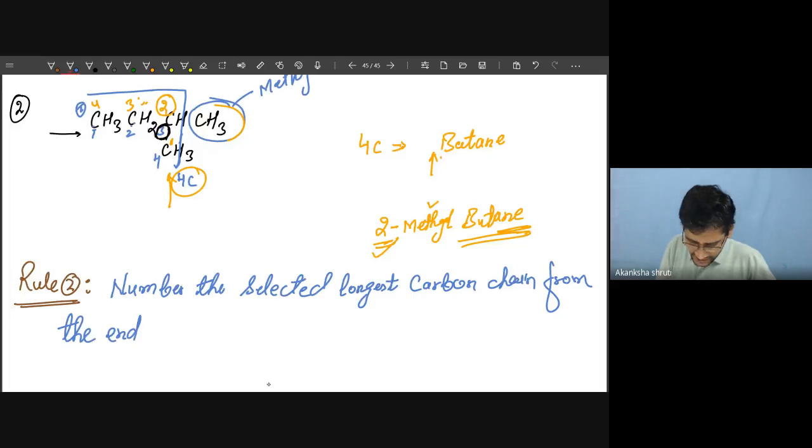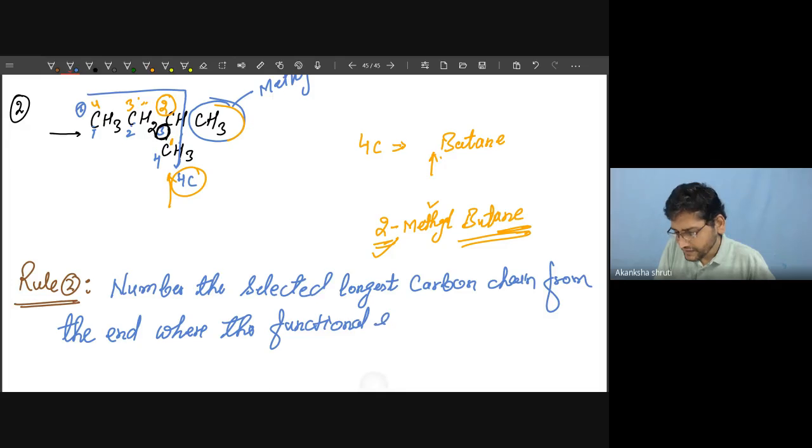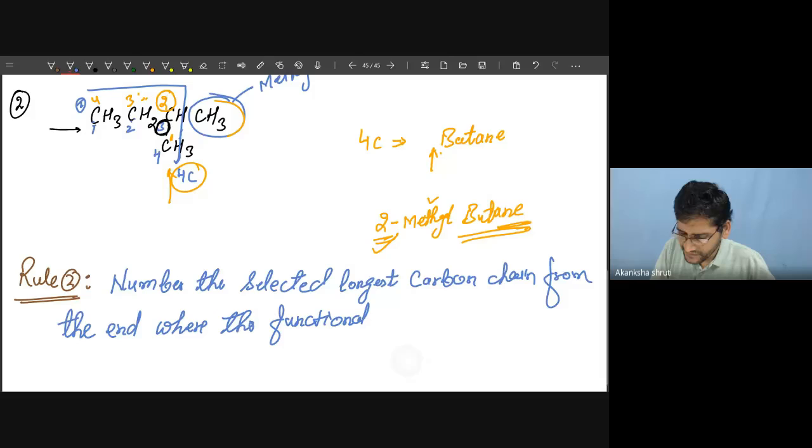From the end where the functional group, or maybe your halo, it may be your ketone, anyone, or methyl.